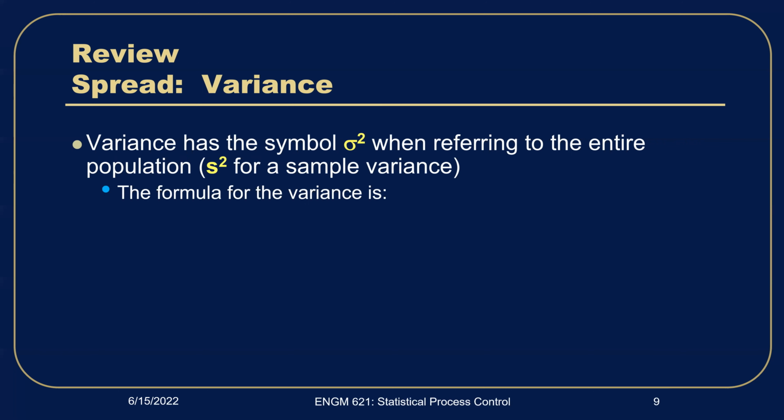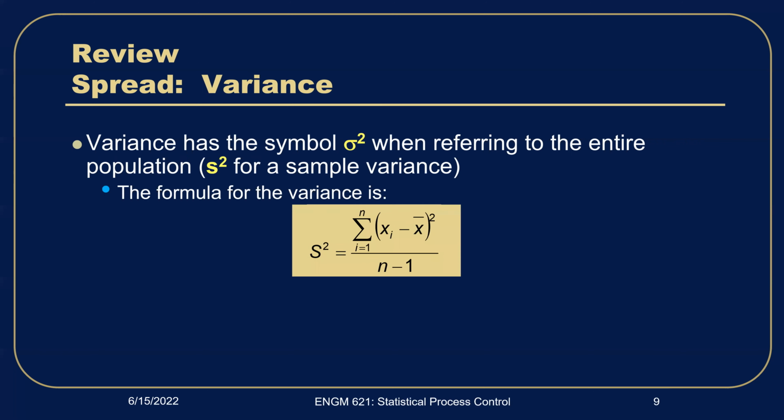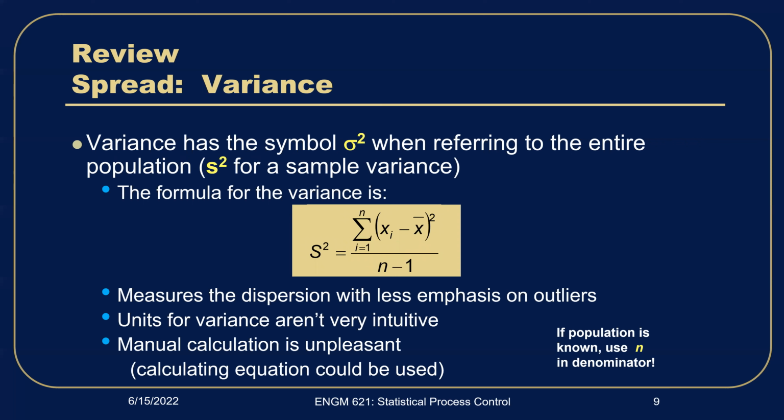This is how we calculate sample variance. The good thing about variance is that, unlike the range, variance measures the dispersion with less emphasis on outliers. However, the unit of variance is the square of the unit of the variable, so it does not make much sense, and it is hard to compute. The equation is complicated.